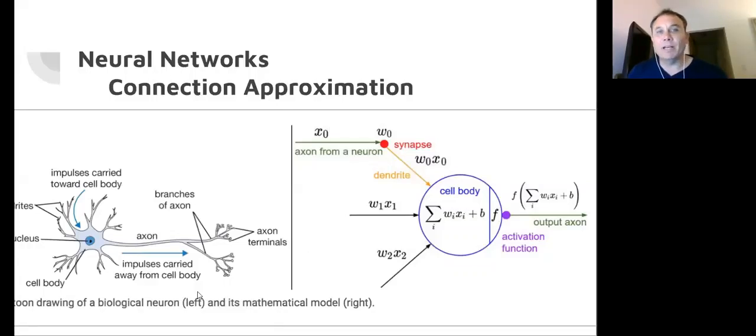Okay, I got a question. Why are W and X multiplied? W and X are multiplied because it's a modulating effect. Like if you have a strong connection between your neurons, then you're just going to kind of pass it through, or maybe even strengthen the output of the last neuron.